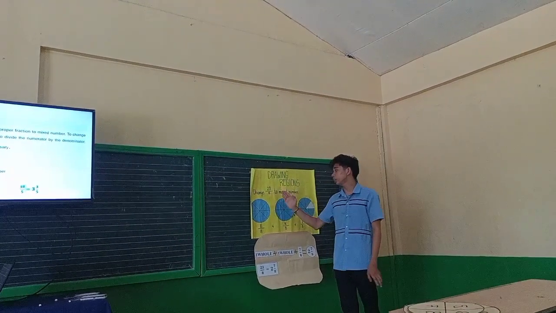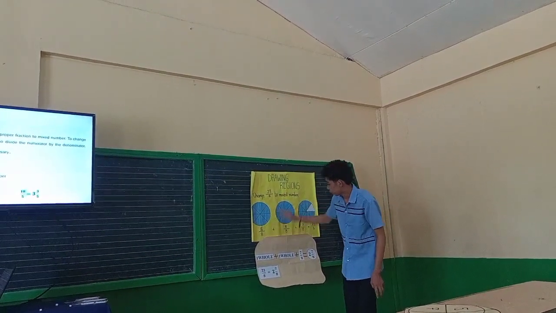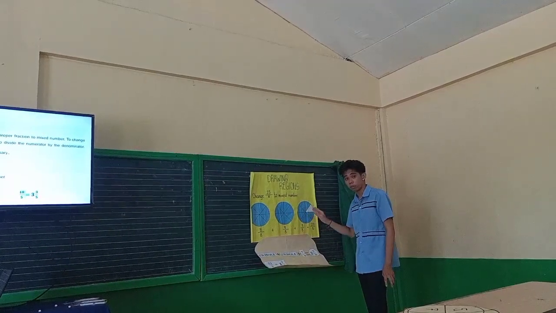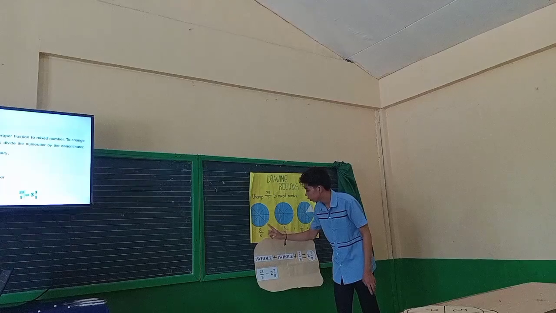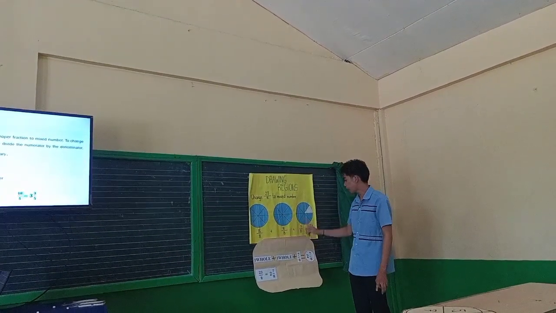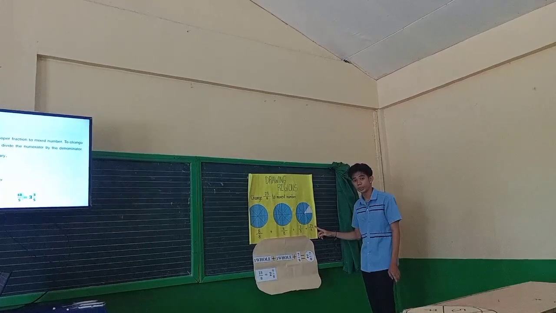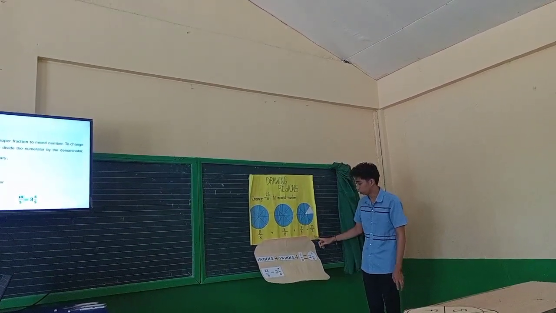We can change 23 over 8 to mixed number: 8 over 8 plus 8 over 8 plus 7 over 8. To get this, we add the numerators, 8 plus 8 plus 7 is equal to 23, and copy the denominator 8.